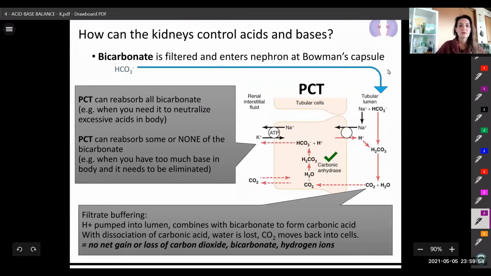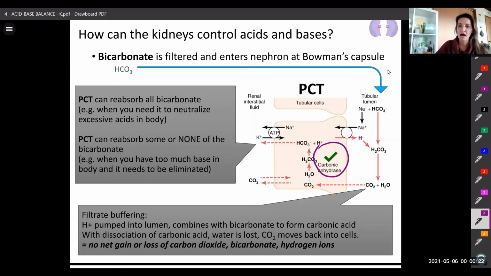Then we have renal compensations. Renal compensation happens at the PCT in the alpha intercalated cells. At the PCT, it is possible for us to reabsorb all filtered bicarbonate, none of the filtered bicarbonate, or some of the filtered bicarbonate, depending on how much carbonic anhydrase activity we have in those PCT cells.